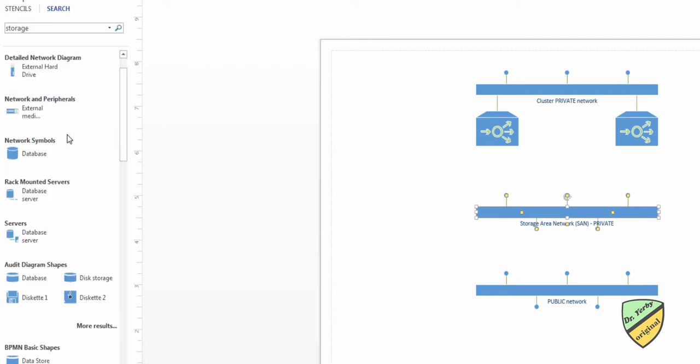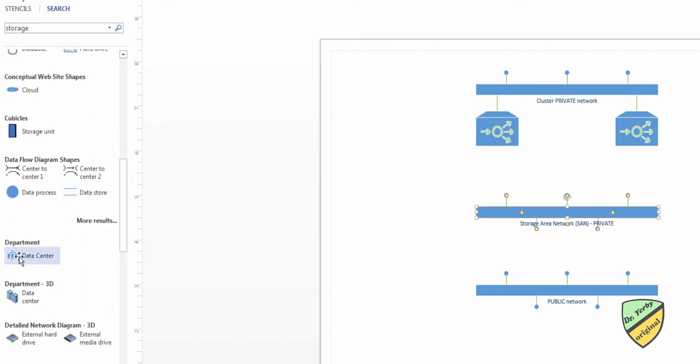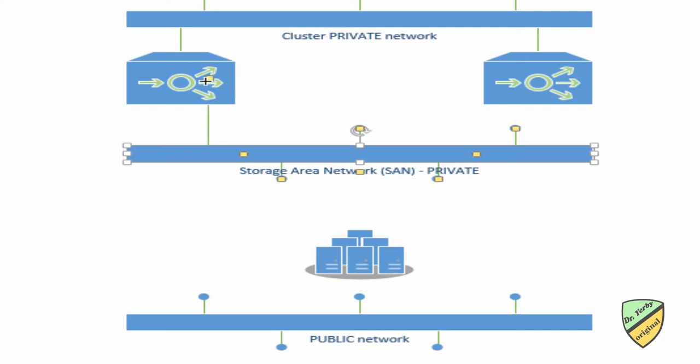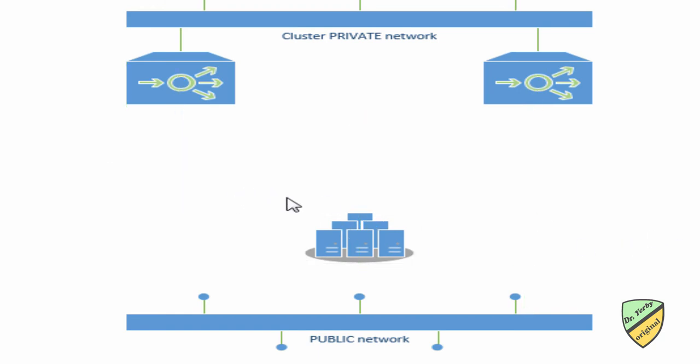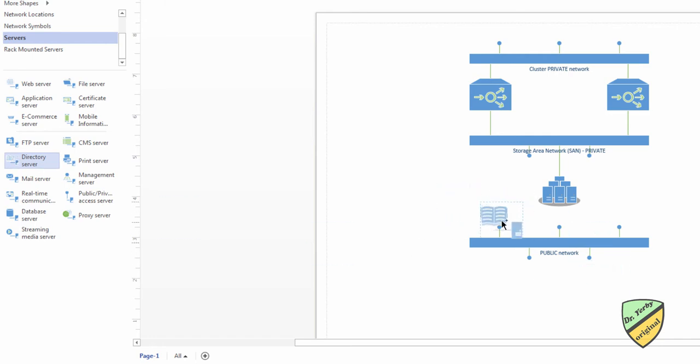Okay, then we want to have our SAN, so let me grab some storage for this. So we'll just throw in this set of disks to represent our SAN. All right, and now we need to connect our SAN to our SAN network and also connect it to our cluster. Okay, so we have those connections.